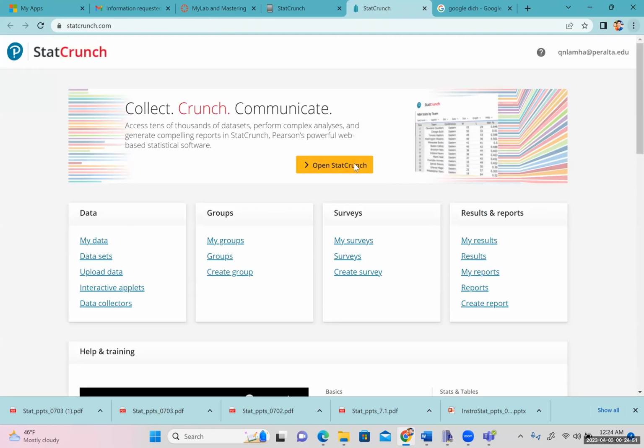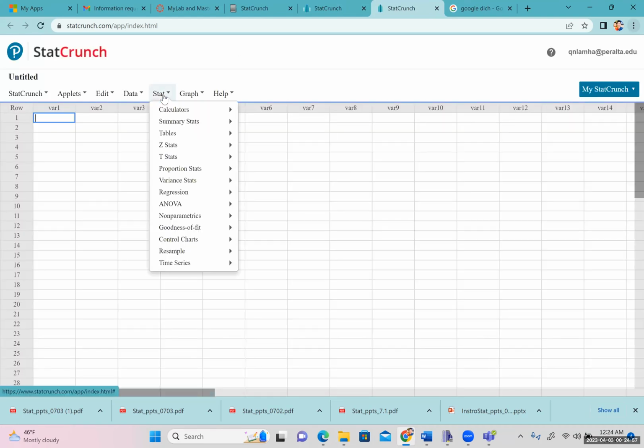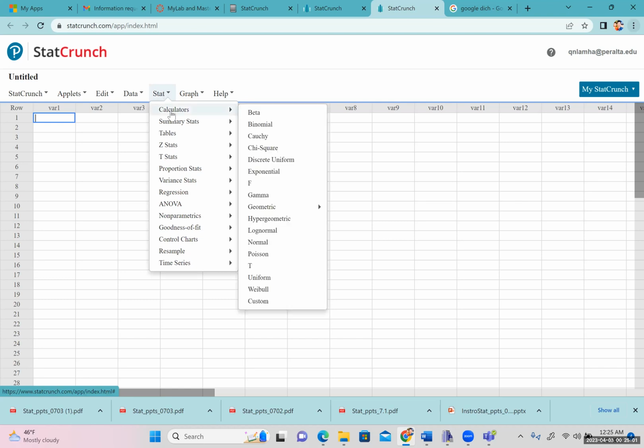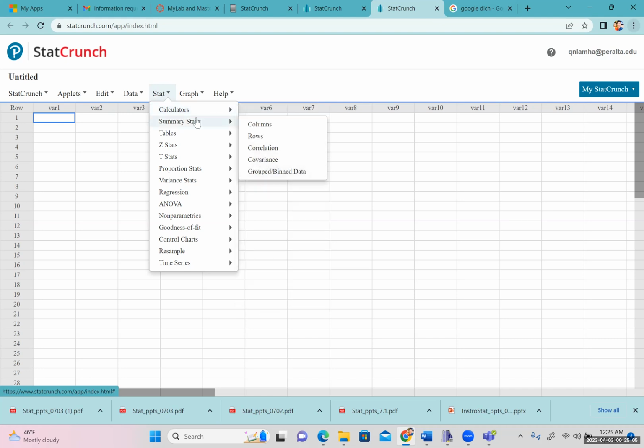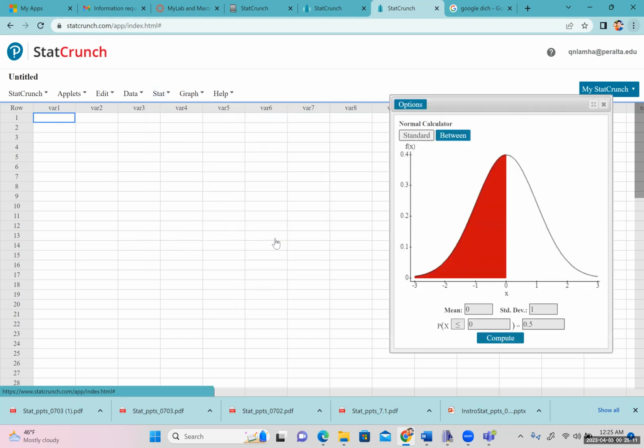All right, open StatCrunch. You can click on Stat, then Calculators, and go to Normal.